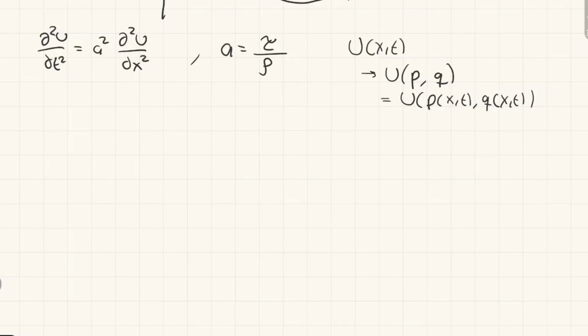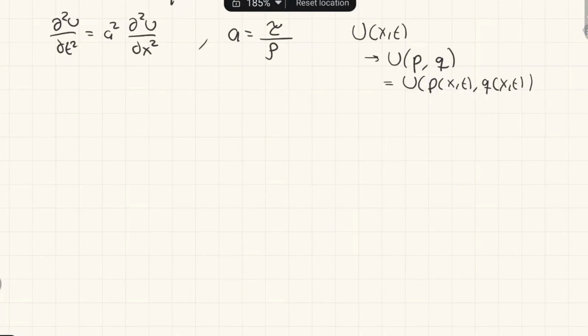Okay, so we are going to calculate these derivatives for this new u, but in terms of p and q. And the functional relation between p and q and x and t is going to be the next: p equals x minus a t, and q equals x plus a t. So this is just a change of variable.